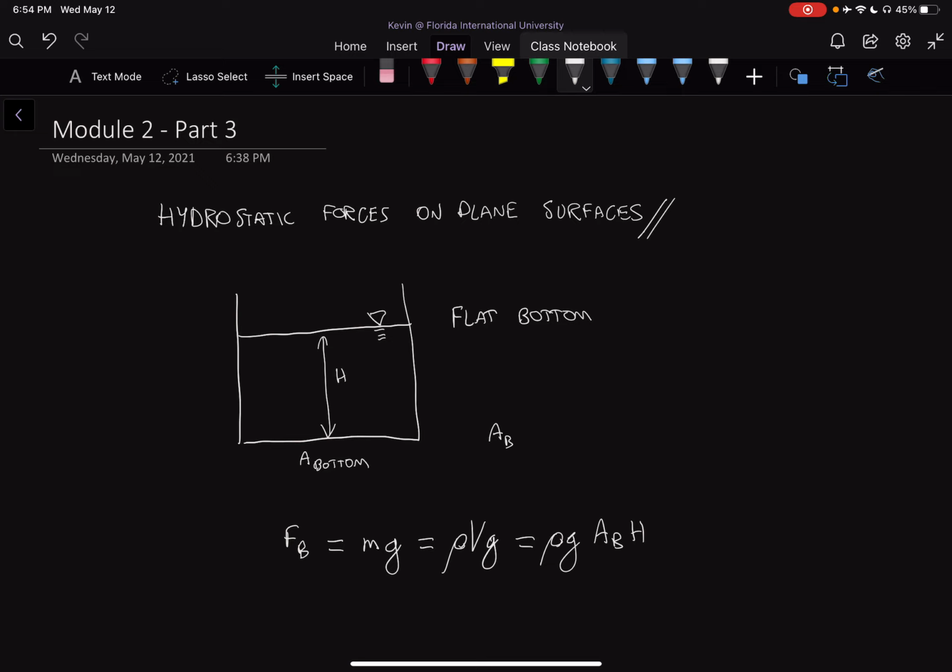Now, hydrostatic problems usually reduce to simple formulas involving centroids and moments of inertia once we start having angles in our system.